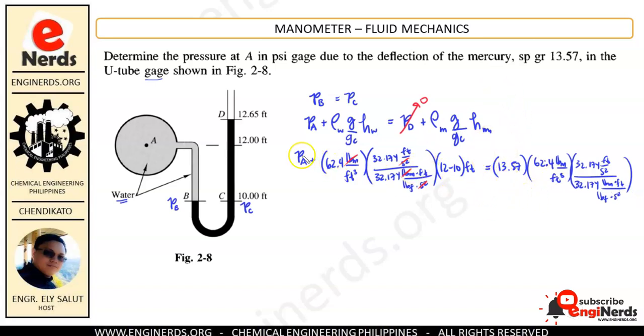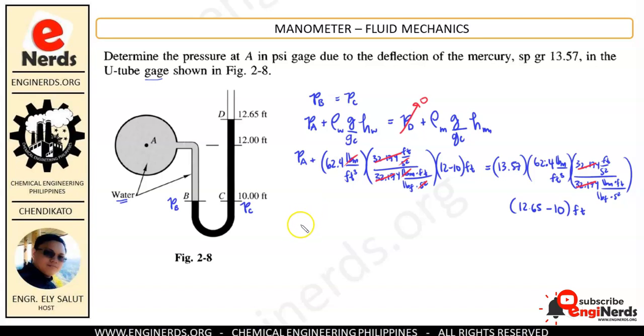What is the height of our mercury? We have 12.65 minus 10 feet, which is here 10, and this is in foot. Okay, so now we're going to calculate, no? Alam na natin ang ating unit will be in pound force over feet squared.